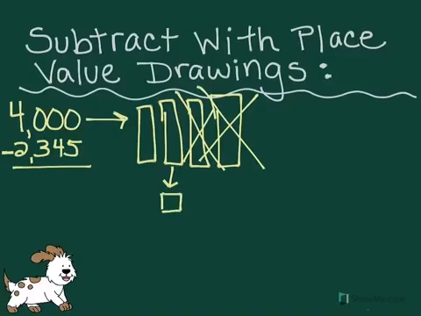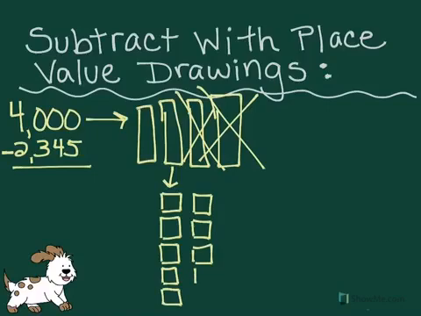I'm going to go ahead and turn it into 10 hundreds, just like this. Now I can take away my 300. Just going to put an X over 1, 2, and 3.